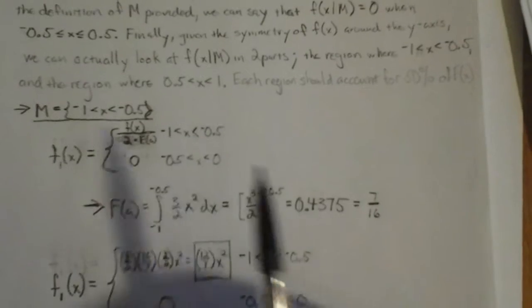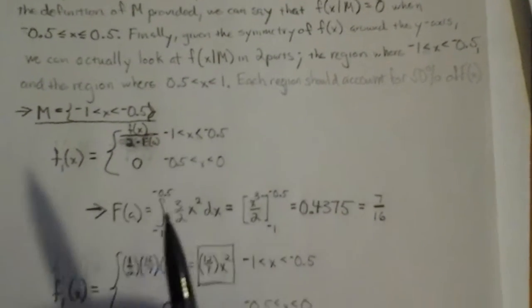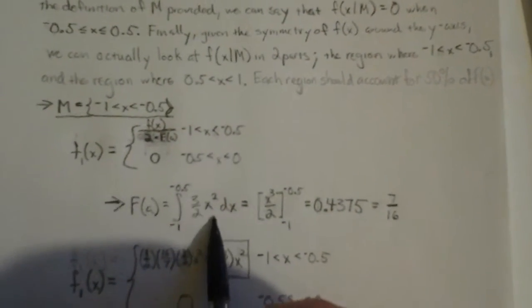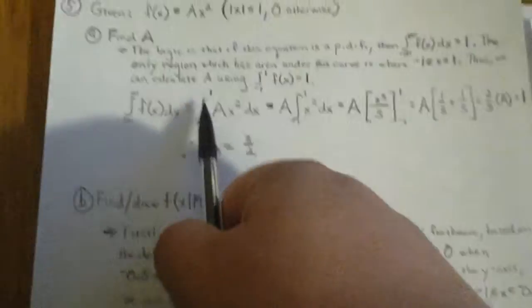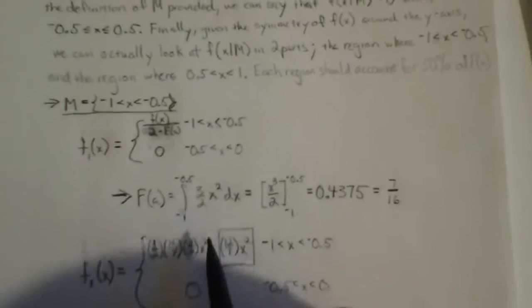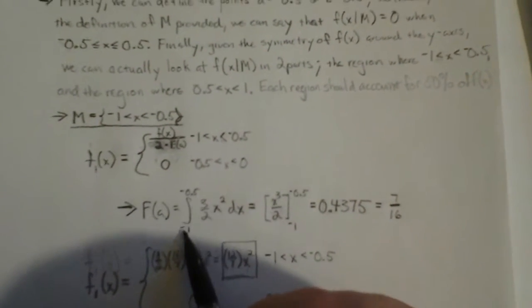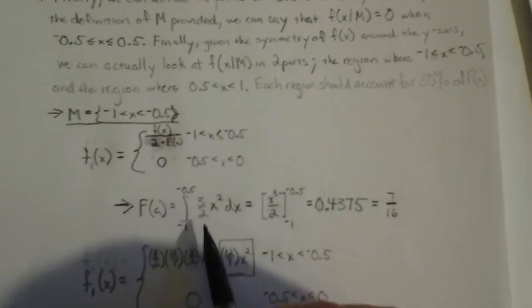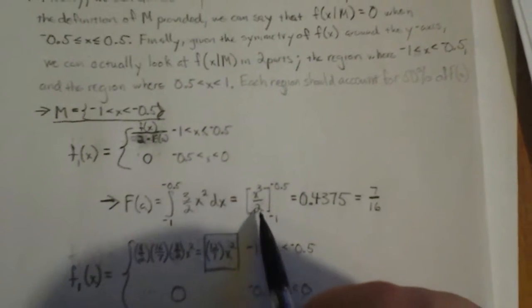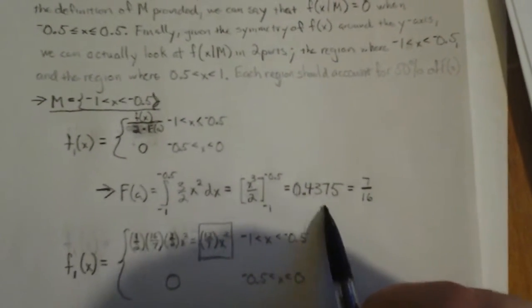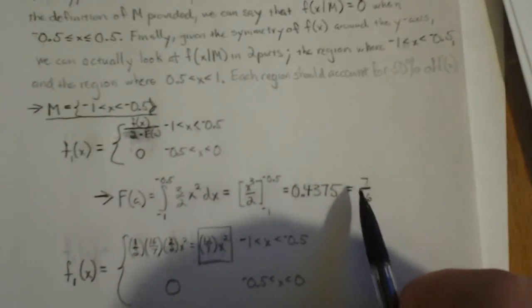What we work that out to be is, we take the original calculated f of x with the actual constant substituted in, we integrate it from -1 to -0.5, we solve it, and we get this right here, which is basically equal to 7/16.